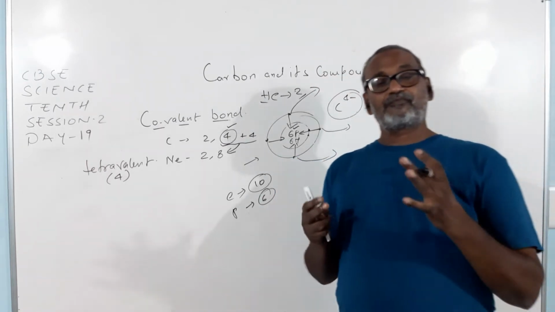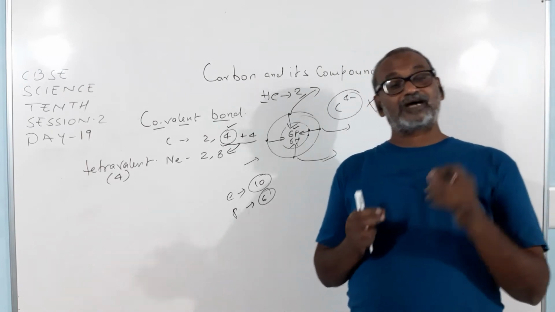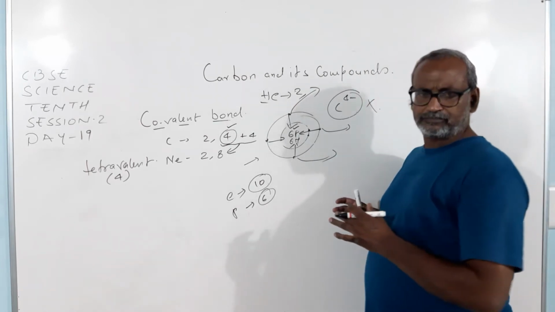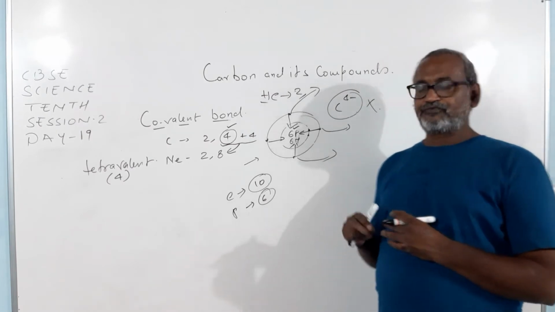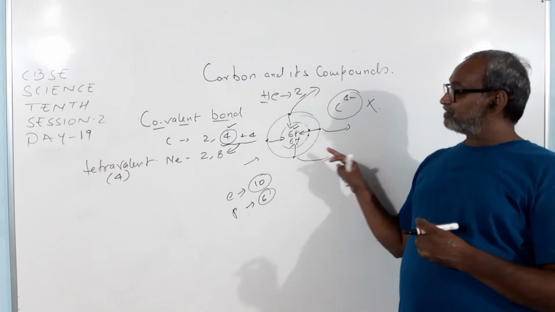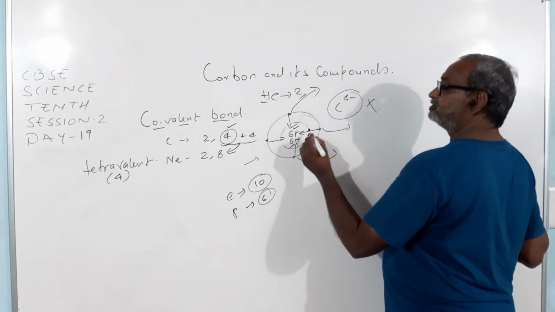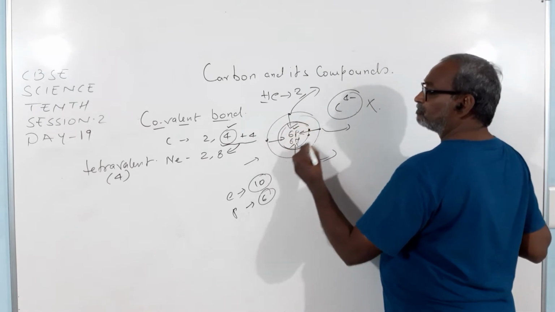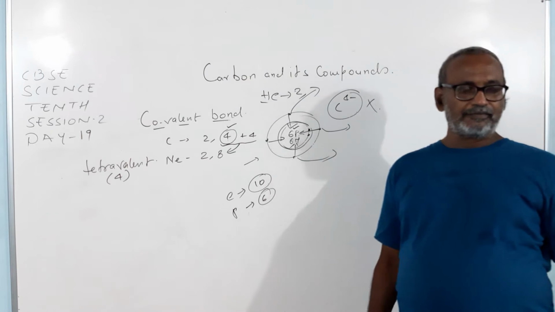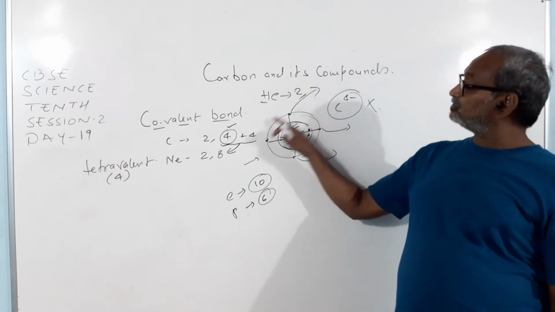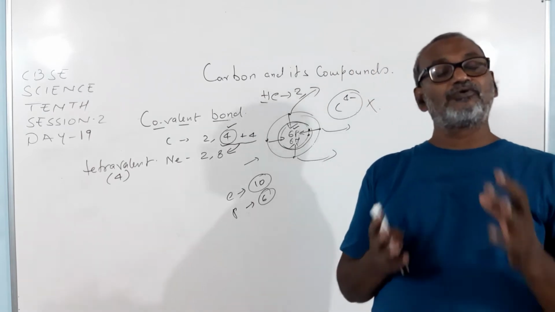But it will be very difficult to remove 4 electrons from the carbon atom leaving 2 electrons which are held together by 6 protons, because a large amount of the energy will be required to remove 4 electrons.